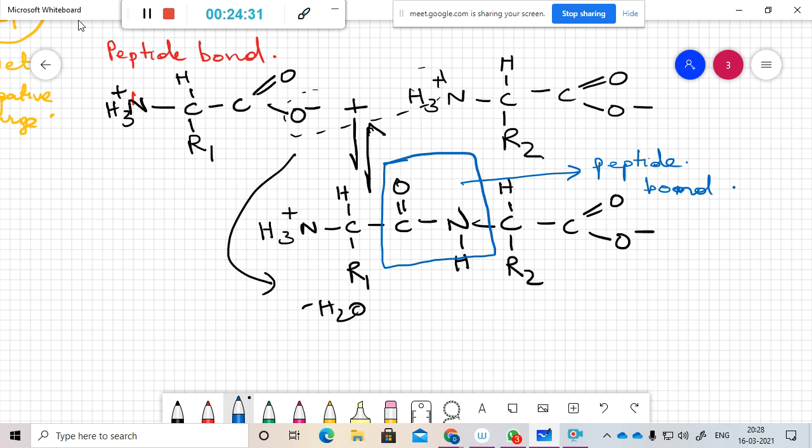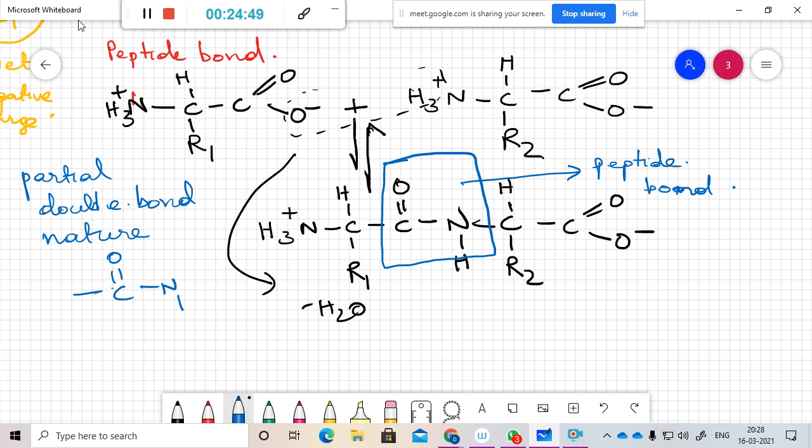The peptide bond has a partial double bond nature. That is because of this CONH, this electron pair can migrate over here and resonate.